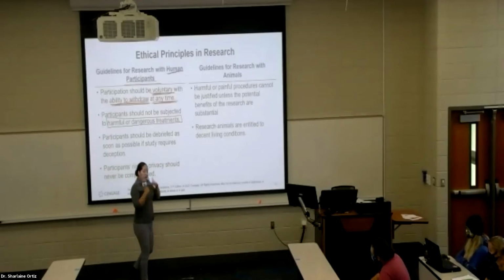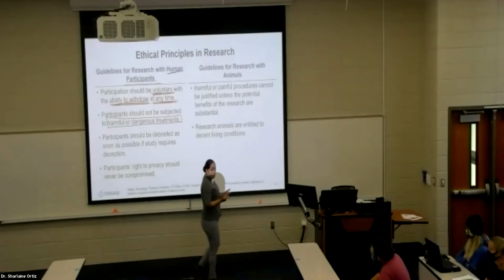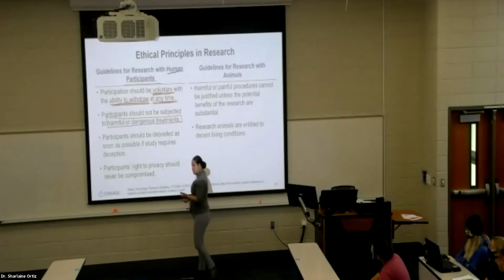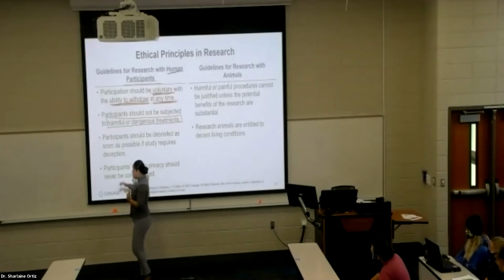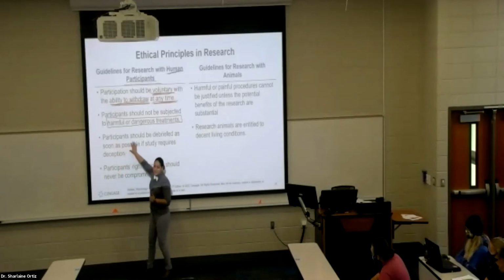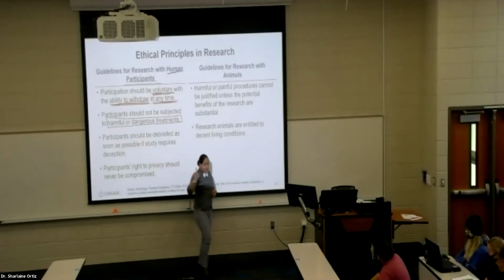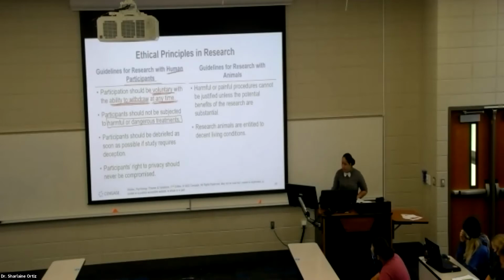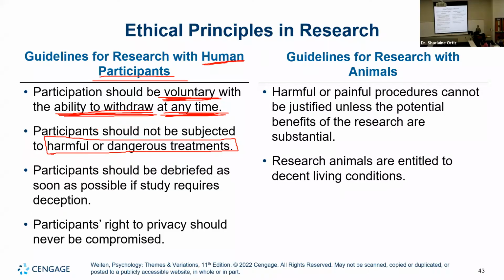Notice that I am not causing harm to the individual. I'm not giving them seizures, right? So I'm not causing harm to the person. However, that is a form of deception. It's still a form of deception. So because it is a form of deception, that's where our next guideline would apply.